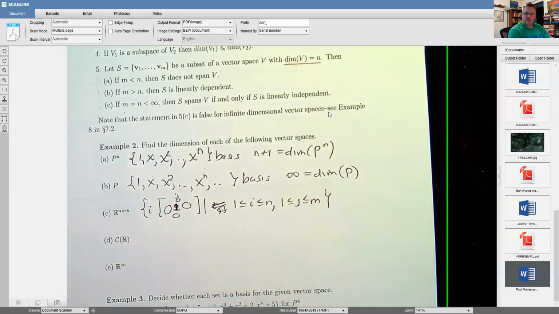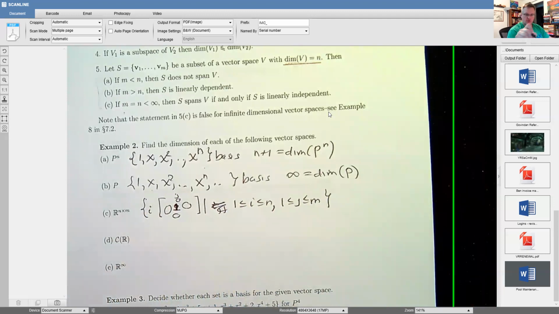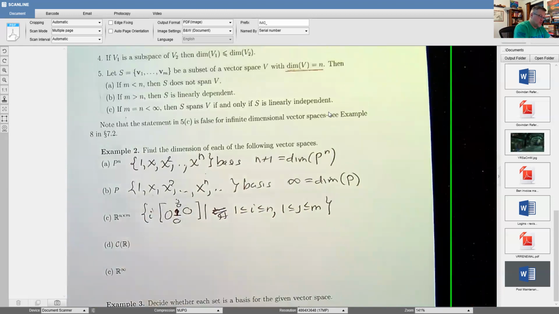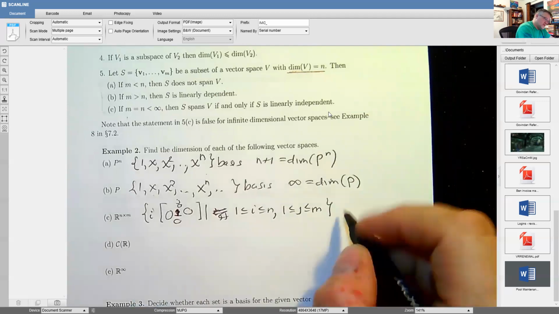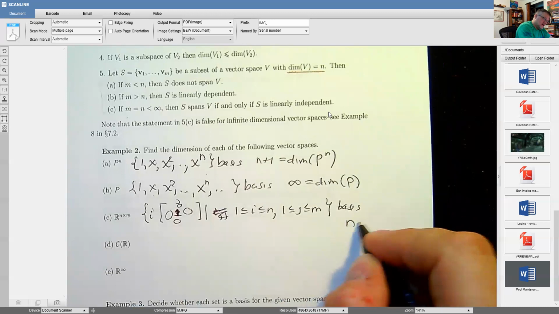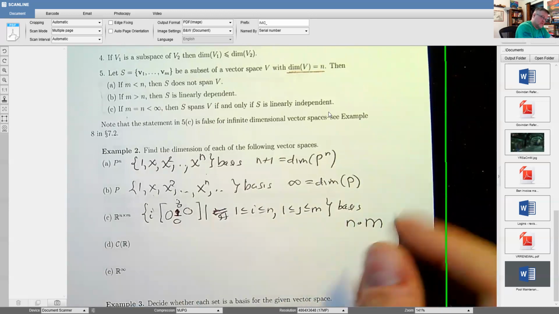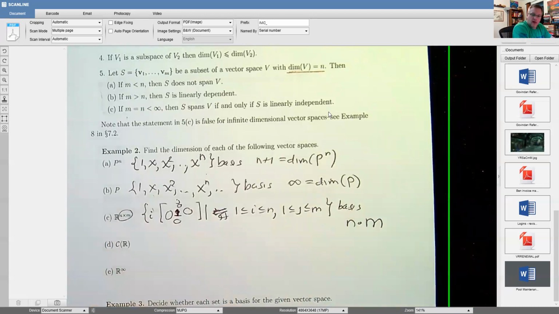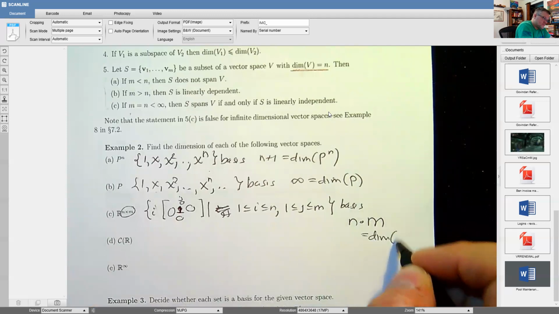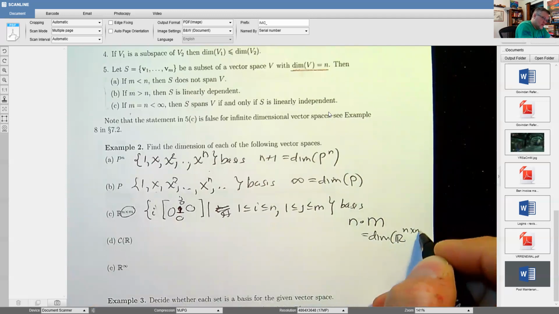Right, and so if you form all those matrices where you just have 1 on an entry and everyone else 0, well, there are n rows and m columns. You would need n times m of those matrices. And so that's a basis, and the number of vectors in there is n times m. And so notice that if you multiply the number of rows and columns, you get the dimension. All right, so this is the dimension of that space.